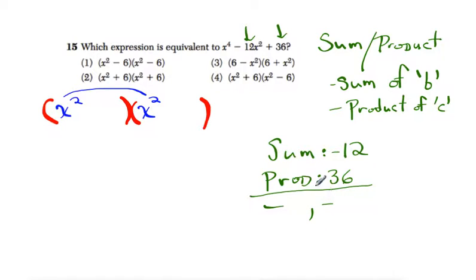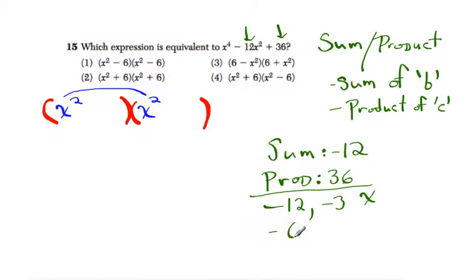Now that we've eliminated it down to that, we can just put out some guesses. So I'm going to incorrectly guess here just to show the process. Let's say I guess negative 12 and negative 3. That would have a product of 36, which checks out, but the sum there would be negative 15. So we're off slightly.